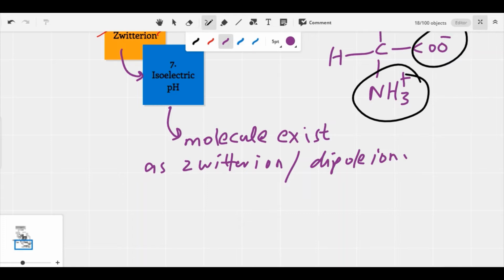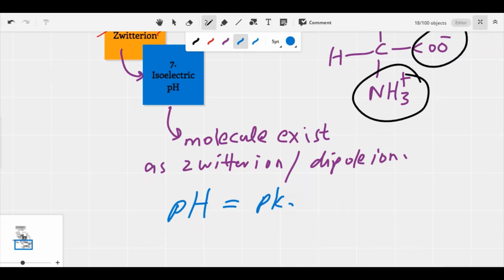For example, the pH value can be calculated by taking the average of the pKa values of both the negative ion and the positive ion.